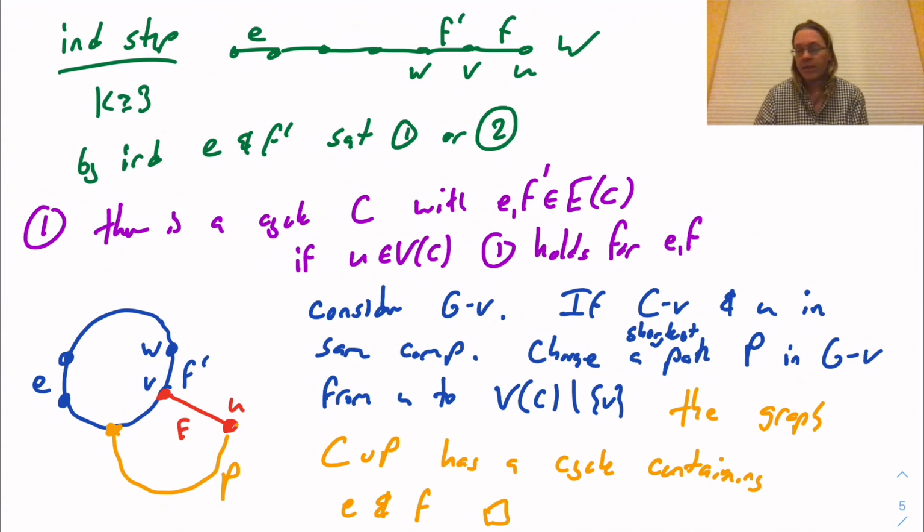If you can, then you can find a cycle containing E and F. If you cannot, then there's going to be a 1-separation of the original graph now, where V is the unique vertex in the middle, and the edge F, which is UV, is say on the right, and the edge E is on the left. And right, and so that completes our proof.